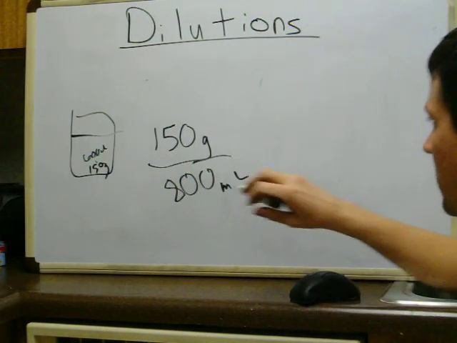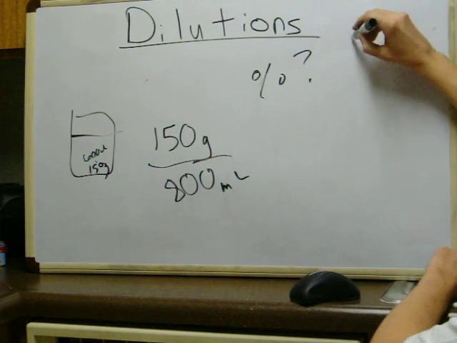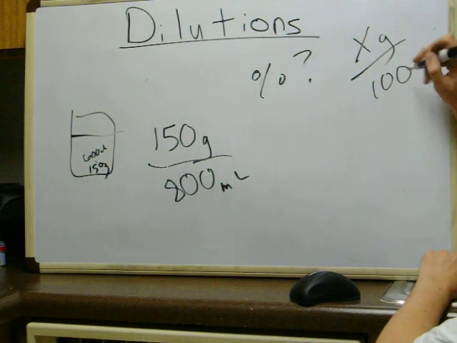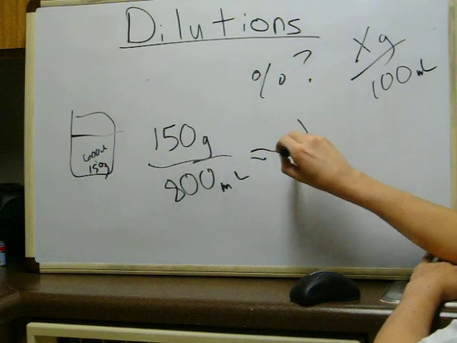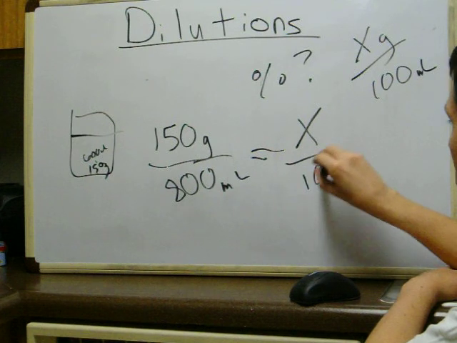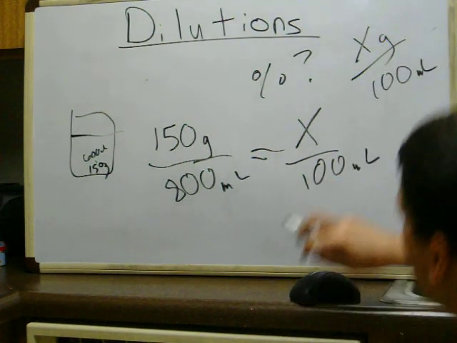And what is that in percent? Now remember, percent is some number over 100, some number of grams over 100 milliliters. So we'll say that we get our X grams or X percent over 100 milliliters. So from there we can do our cross multiplying.